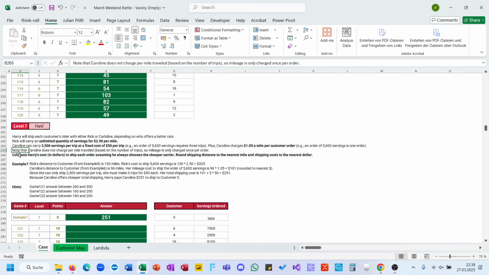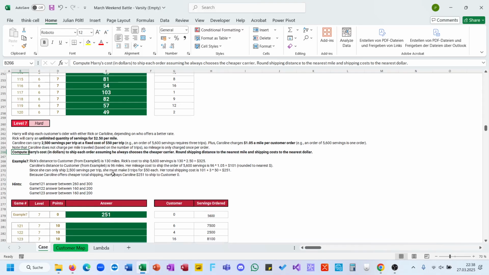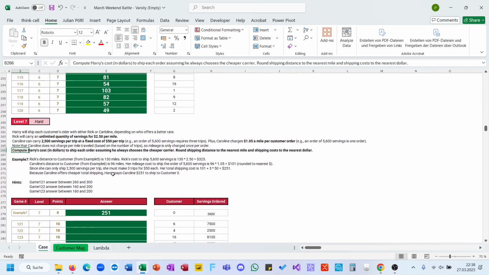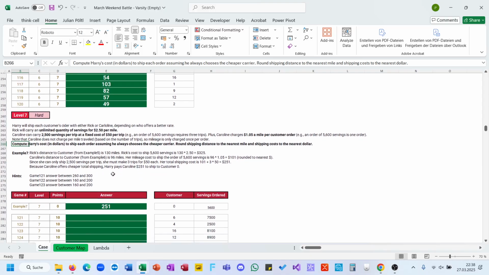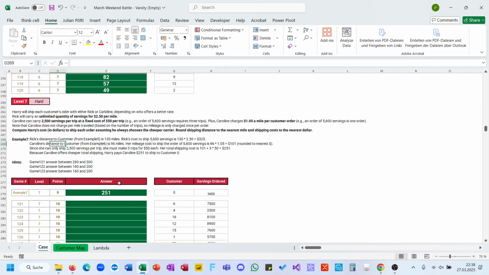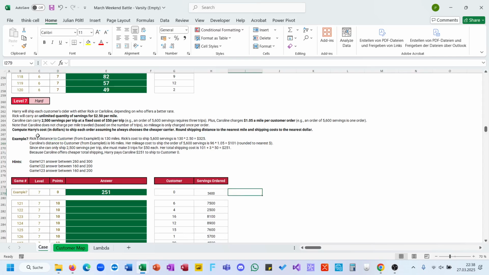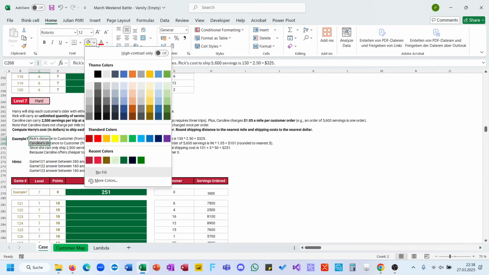No mile traveled. Nearest mile, nearest dollar. Okay, why is Rick's distance different? Okay, so this doesn't matter here, so don't think about this. Doesn't matter.